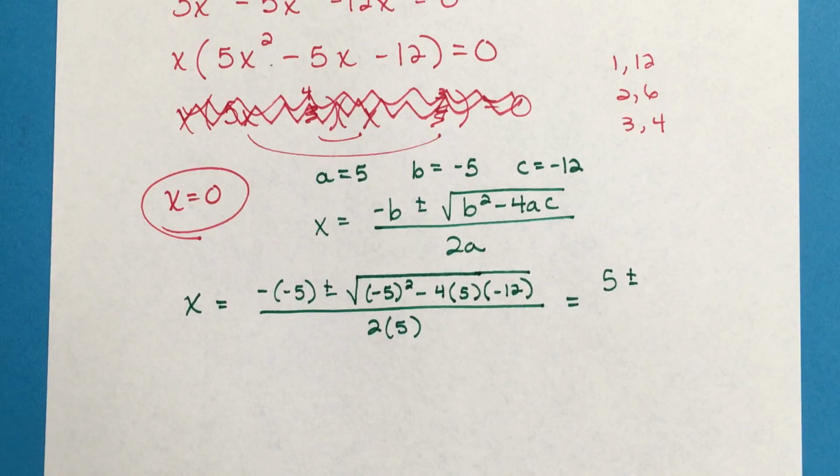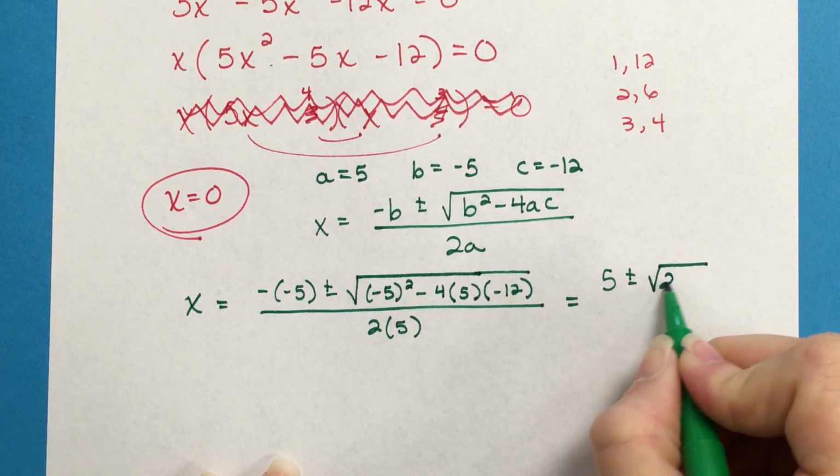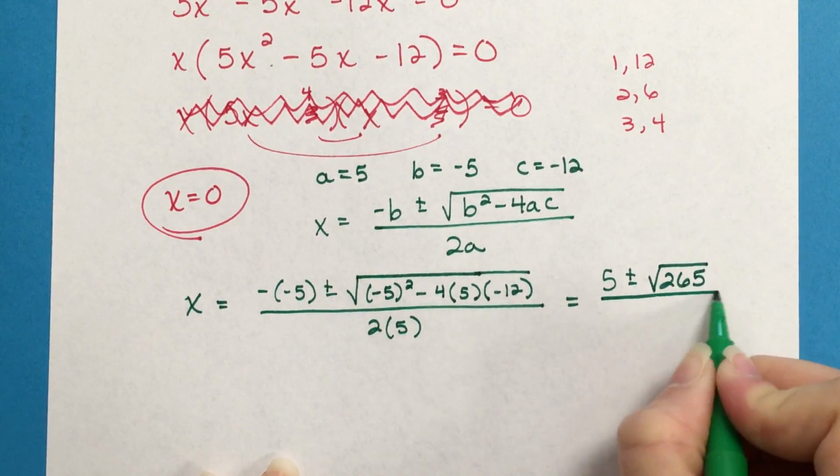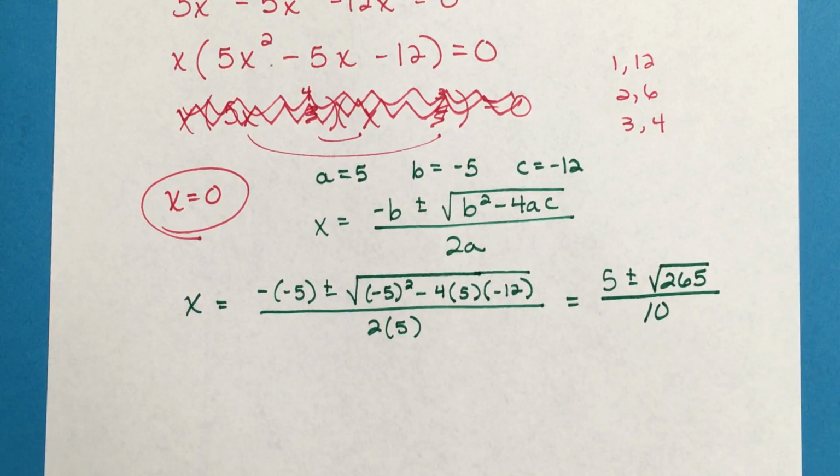Now, underneath your radical there, of course you can use a calculator to help you out with the calculations, but we're going to end up with 265. Okay, and I don't think you can simplify the square root of 265. I'm just checking real quick to see if there are any perfect squares that will go into 265, and I don't believe that there are.